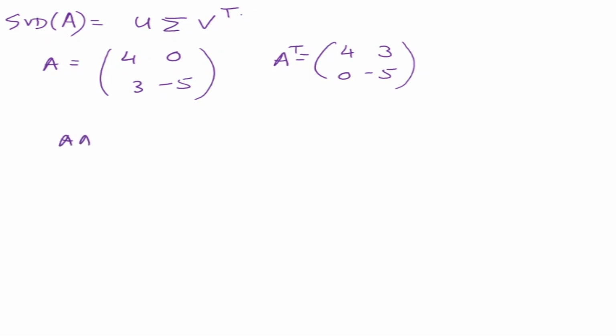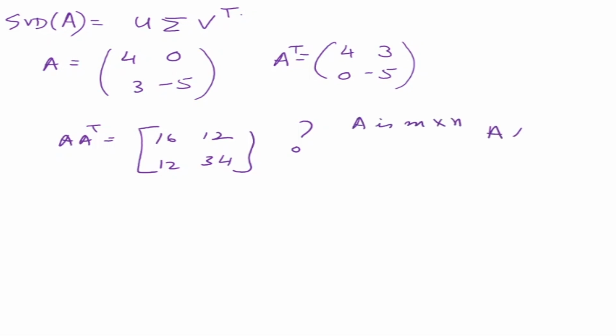Then if I multiply A into A transpose, I get 16, 12, 12, 34. Why do I do this? Because if A is non-square, A is M by N, then if you do A into A transpose, it will become square. I hope you understand why this was done. So either it is A A transpose or you can do A transpose A. It's the same thing, it doesn't matter.